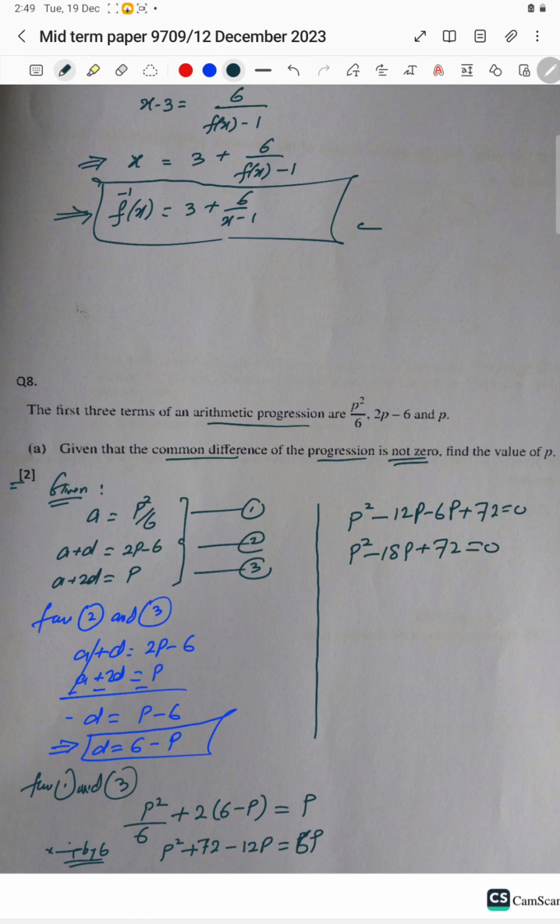Now I can use a calculator, mode 5 3, to solve this quadratic. Or you can make factors or complete the square. What I get is p equal to 12 and p equal to 6, these two values. But out of these two I need to select one, because the common difference of the progression is not 0. So here we need to check now.